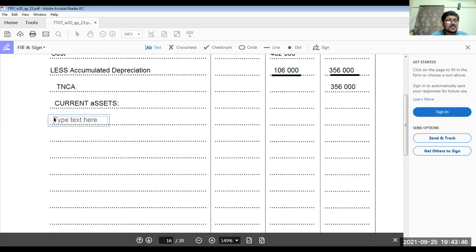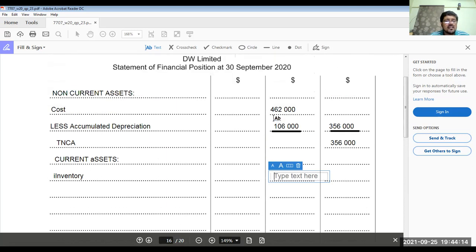The first current asset should be inventory. How much is the amount of inventory? The correct amount of inventory we calculated, no?